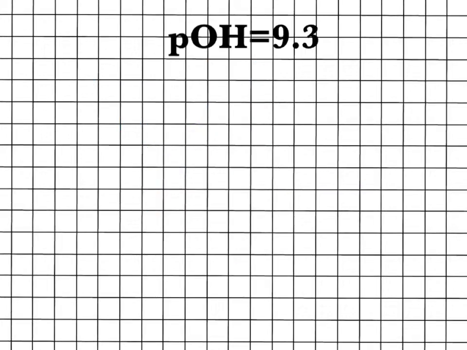When trying to find the hydroxide concentration and you are given that the pOH is 9.3, you use the equation that was on the previous page of OH equals 10 to the negative pOH.